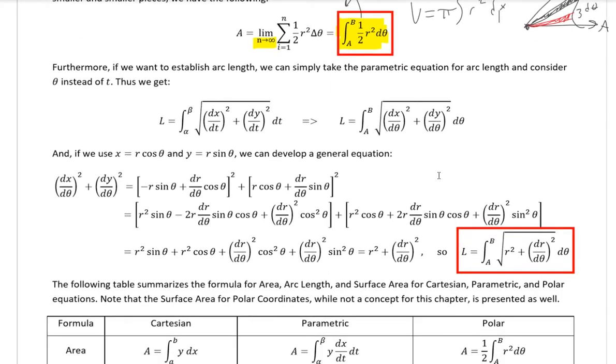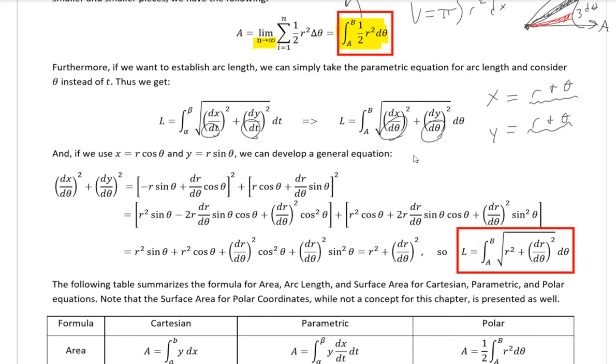We can also do length. Now thankfully we can take just the formula for parametric equation of length, which is the square root of dx over dt squared plus dy over dt squared, and instead of dt, we just make those d thetas. This is useful in the case that we have x is equal to some amount of r and theta, and y is equal to some amount of r and theta.